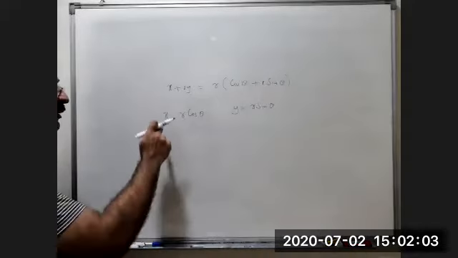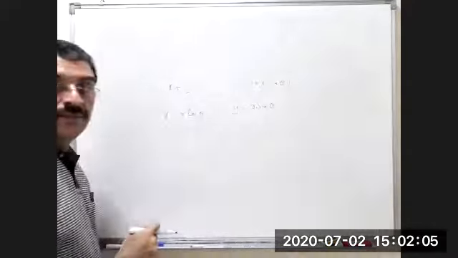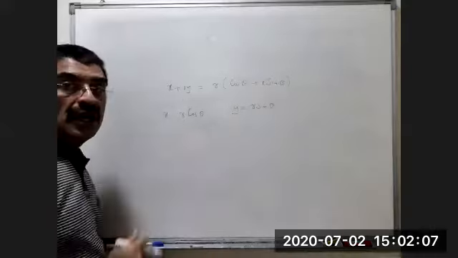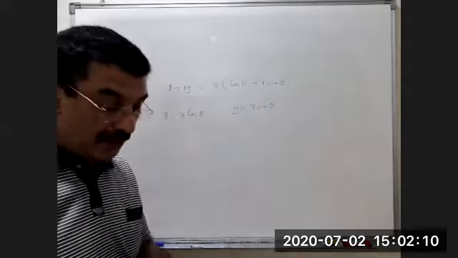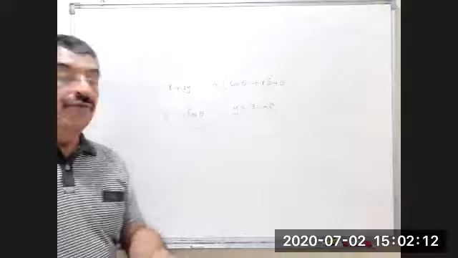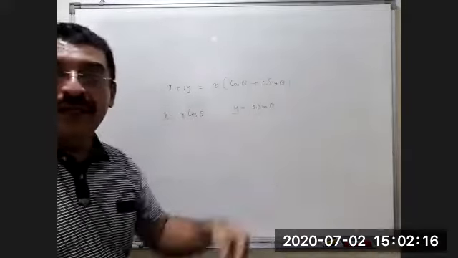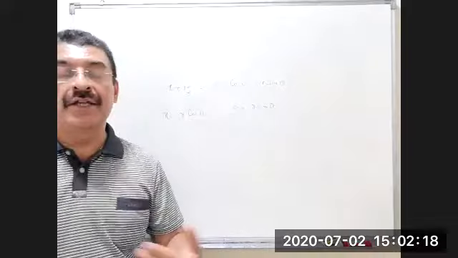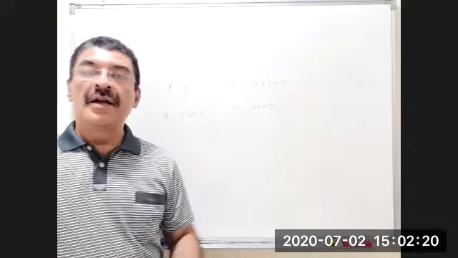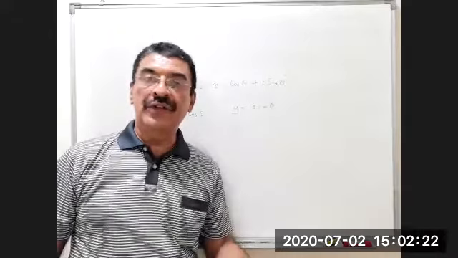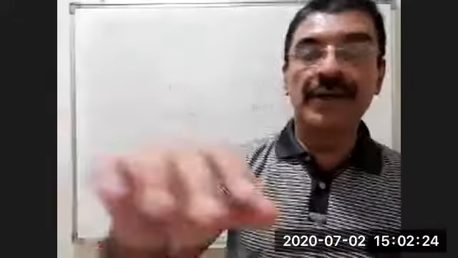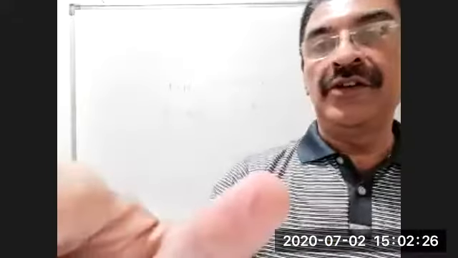The values of x and y are known. Also, we found r, which is root of x square plus y square. Once we know x, y and r, we can find the value of sin theta and cos theta.